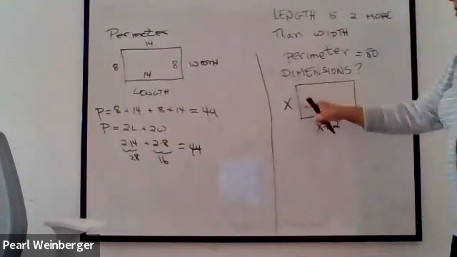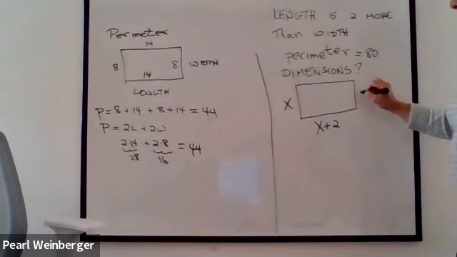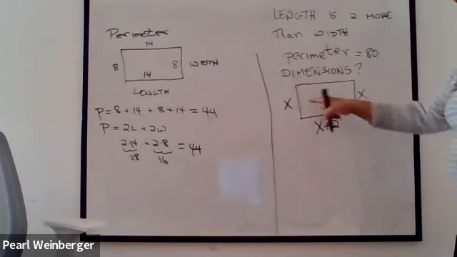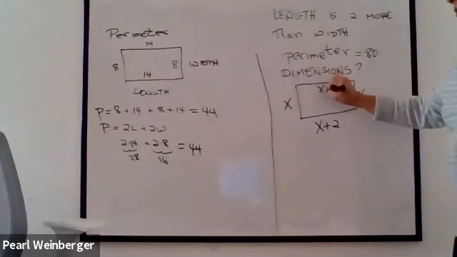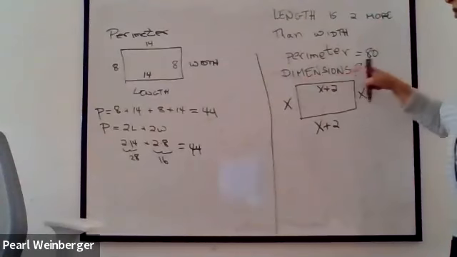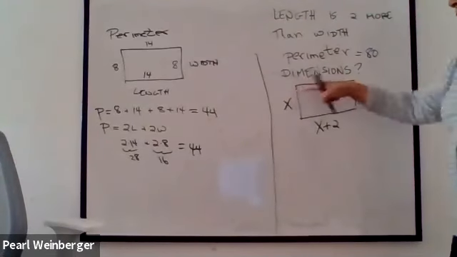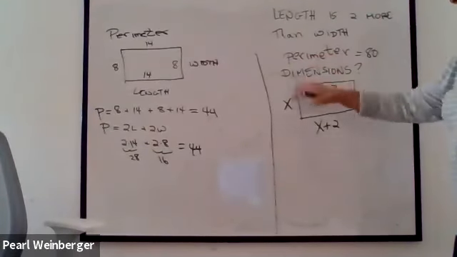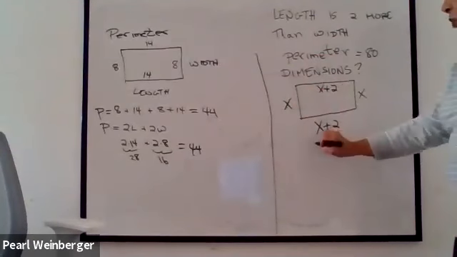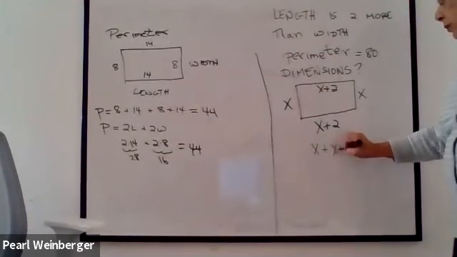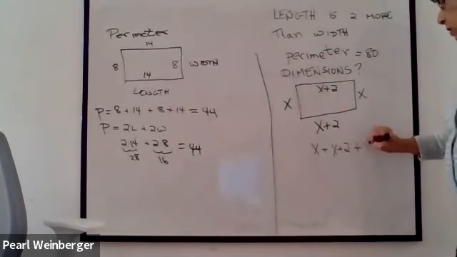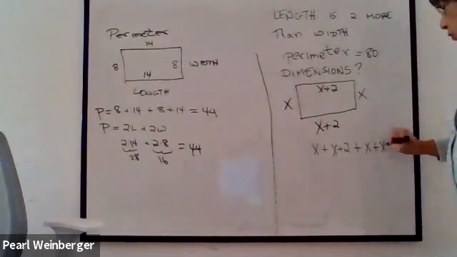Now this side is also going to be x because it's the width, and this is going to be x plus 2 because this is a length. 2 of them are lengths, 2 of them are widths. And now I can add them all up: x plus 2 plus x plus 2.